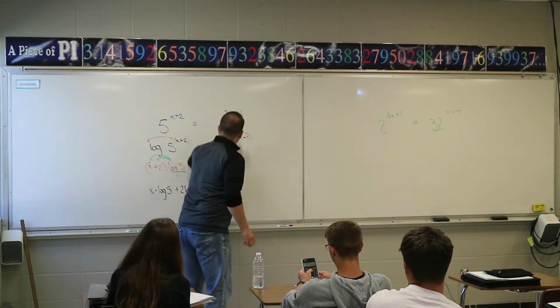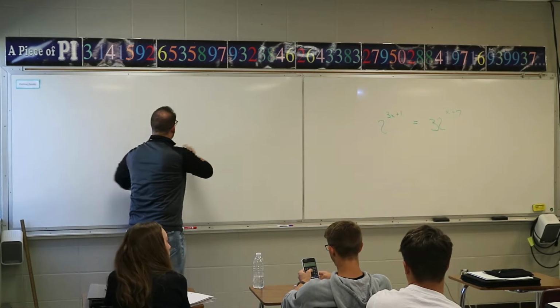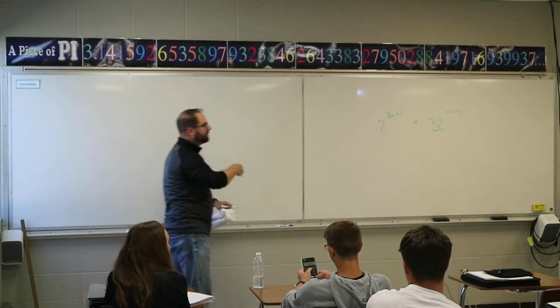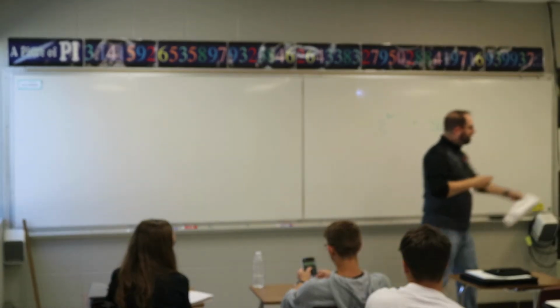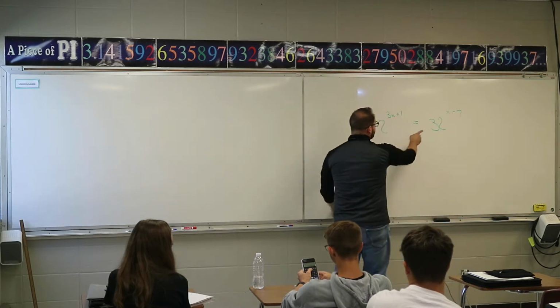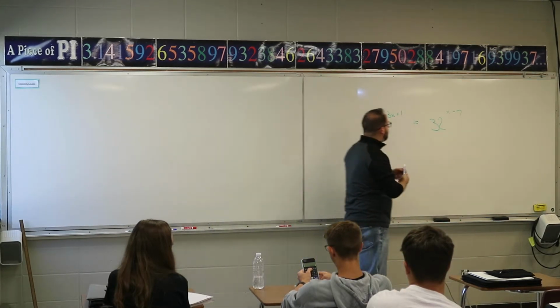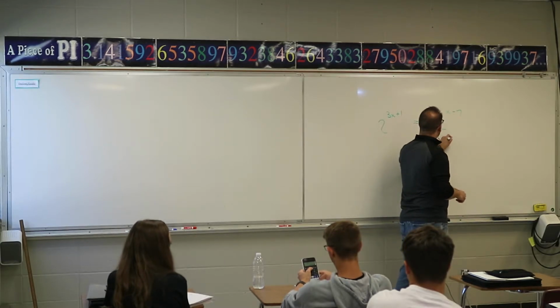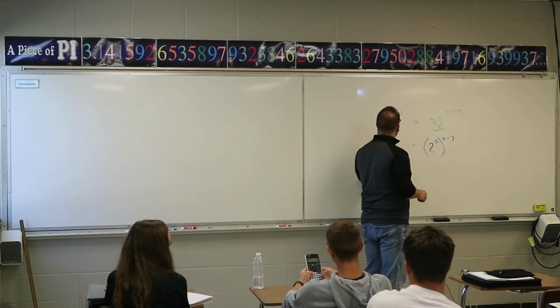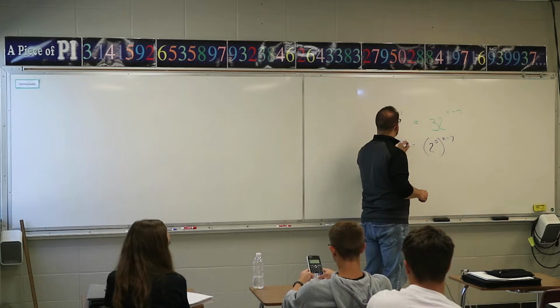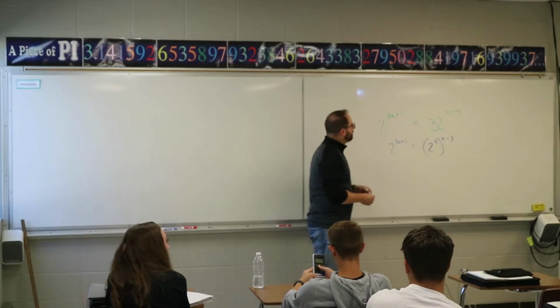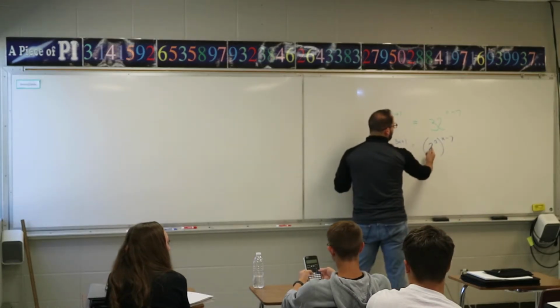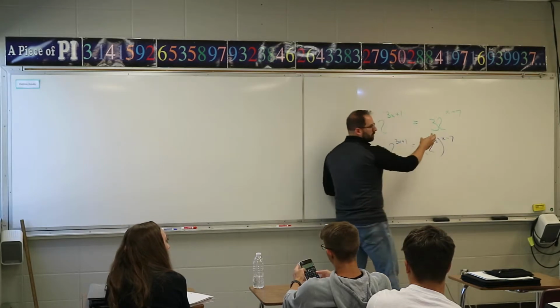So this problem, instead of doing it like this, where I take the log of all sides, if you recognize that they have the same base, like this 32 is the same base, I can make this 2 to the 5th power. Now this problem just became significantly easier. Because now that they have the same base, I can just set the powers equal to each other.